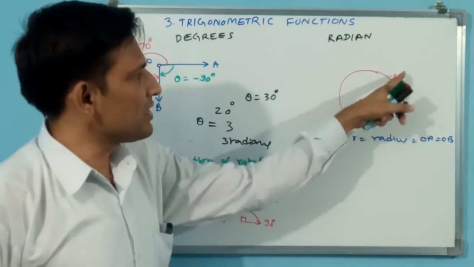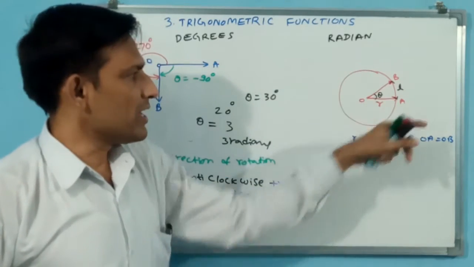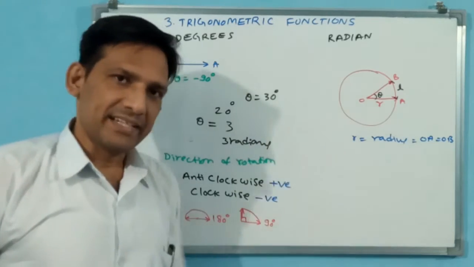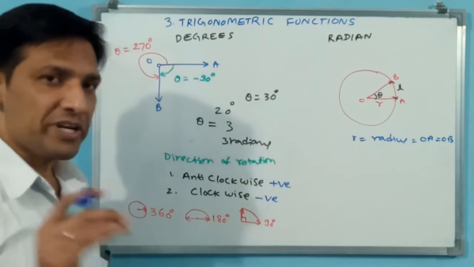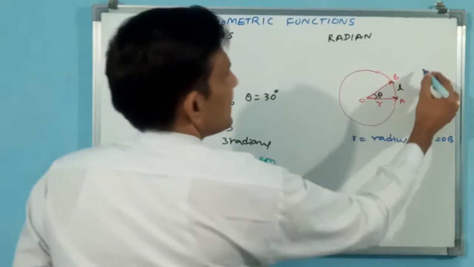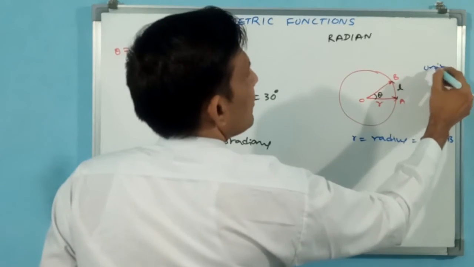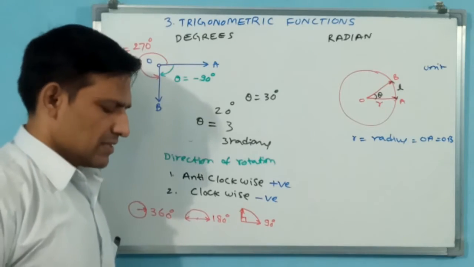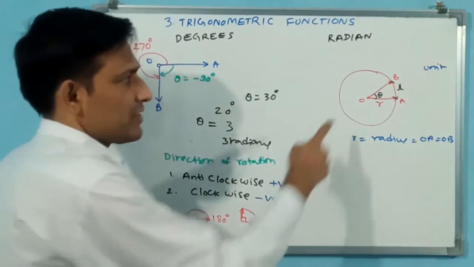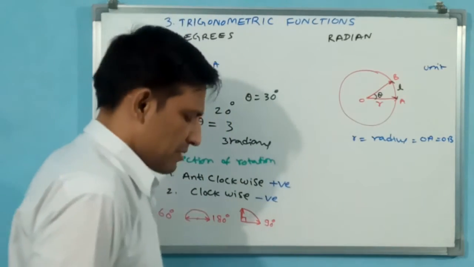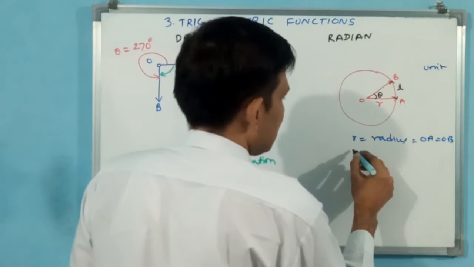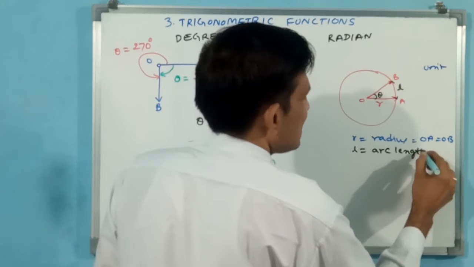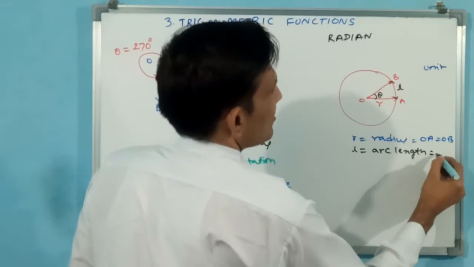OB also R, OA also R. R is radius. I am talking about unit radius. Unit means 1 mm. If it is 1 mm, then the length also we will take 1 mm. L is equal to length of arc, I can say arc length, that is equal to AB.